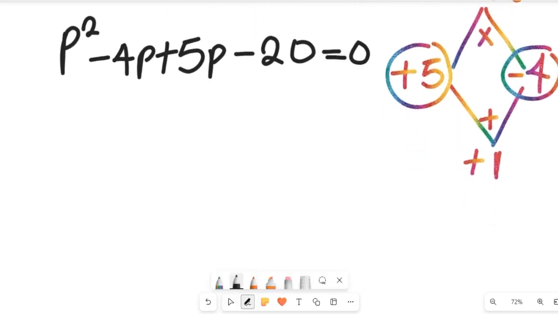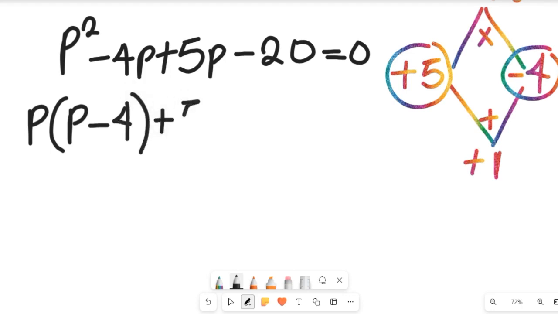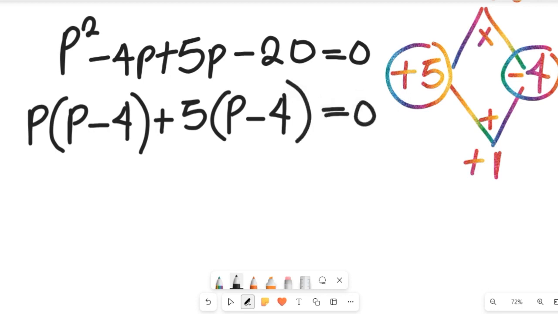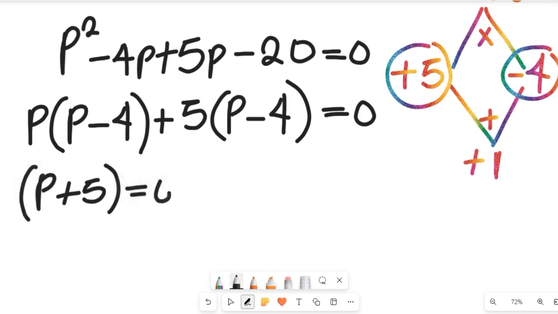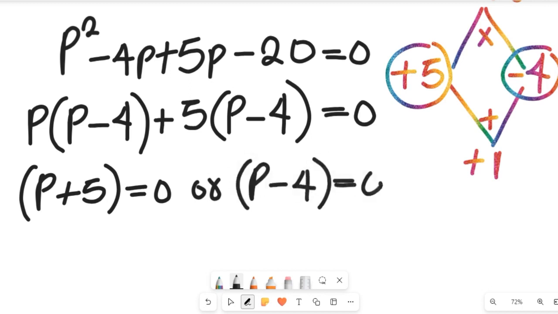From these two parts, we see that p is common, so we bring out p times p minus 4, and then plus 5 is common, so we have p minus 4, and all this will be equal to 0. This is common simplification. So from here we'll have p plus 5 equal to 0, or p minus 4 equal to 0.